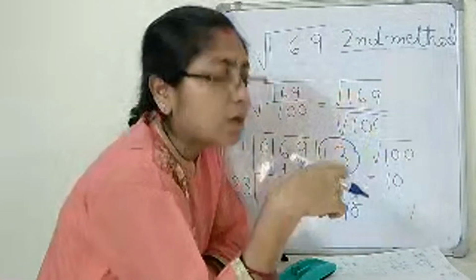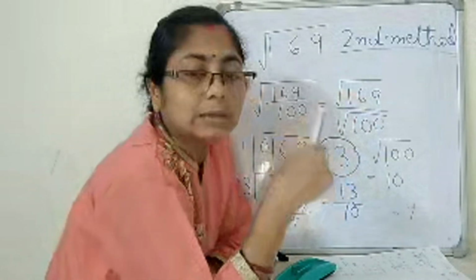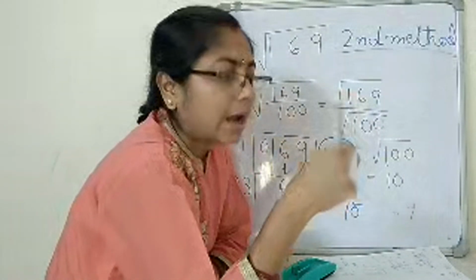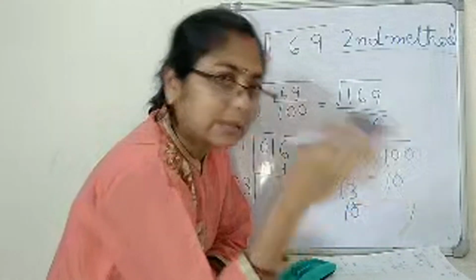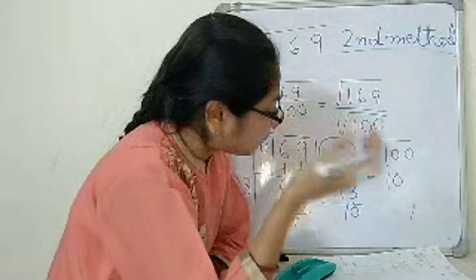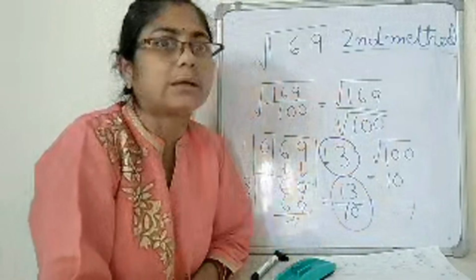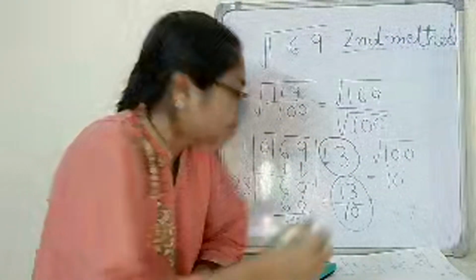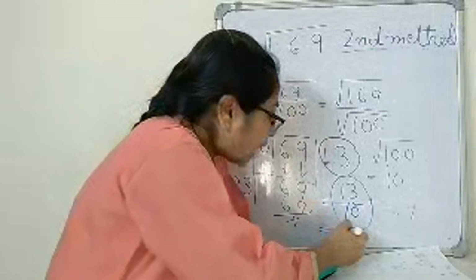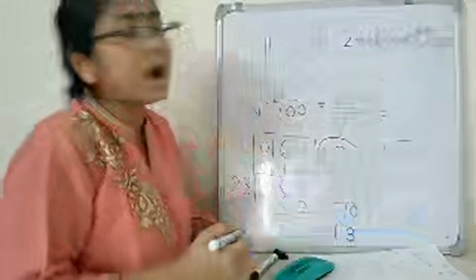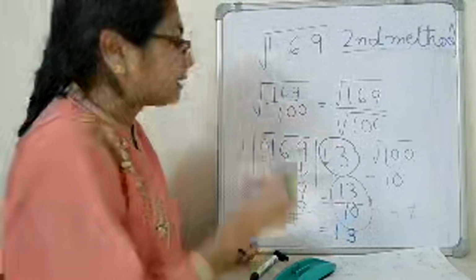Why is it wrong? Because I start the math from the decimal and I want the result in decimal. So if any kid writes the answer 13 by 10, the answer is right, but technically it is wrong. You should write 1.3. 1.3 is the right answer.